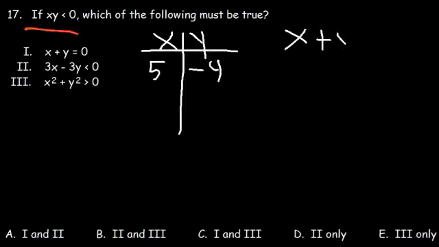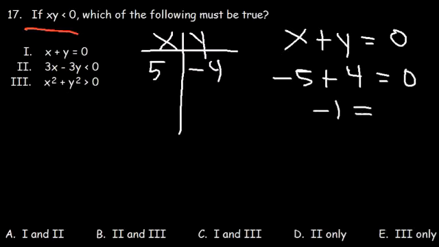So let's focus on x plus y. So if x is negative 5 and y is 4, is it equal to 0? Negative 1 does not equal 0. So therefore, we have disproved number 1. So that means the answer can't be A and it can't be C.